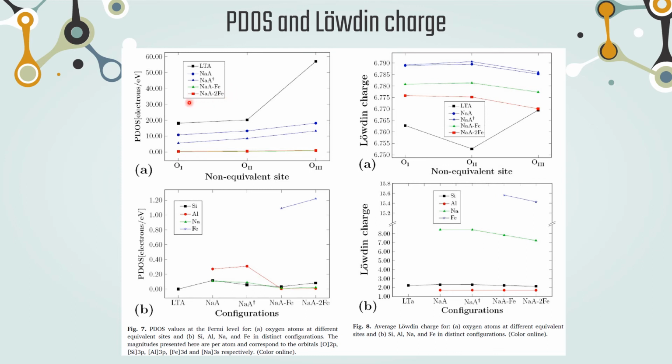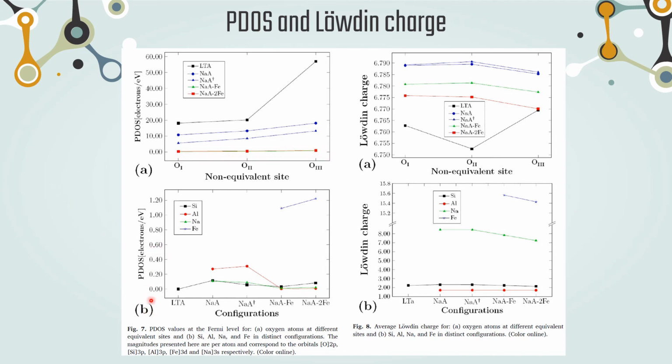The figure shows that for the pure silica case, the oxygen has the highest participation at the Fermi level, and it decreases with the introduction of aluminum and iron atoms. Specifically, when iron is introduced, the participation of oxygen is practically zero.